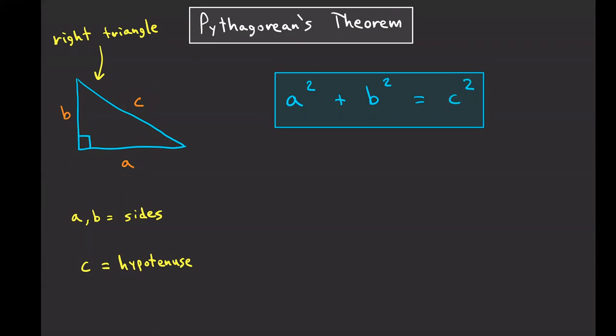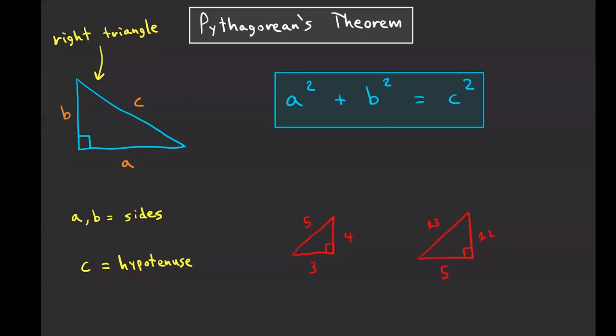What I will note, there are certain triangles that pop up quite often. A 3, 4, 5 triangle pops up a lot. And then a 5, 12, and 13 triangle pops up a lot.